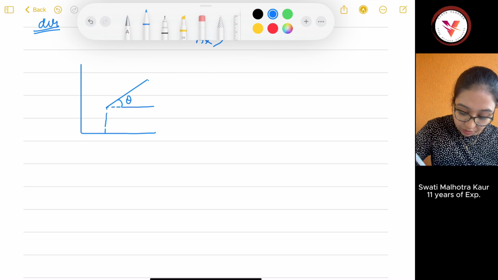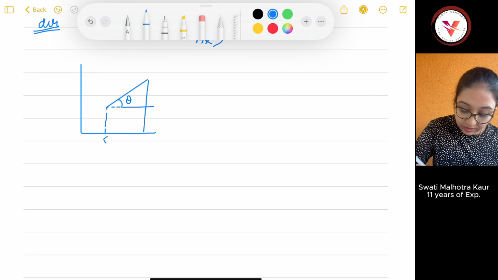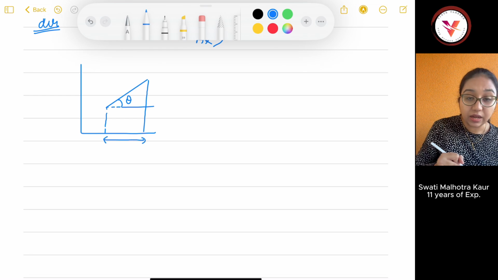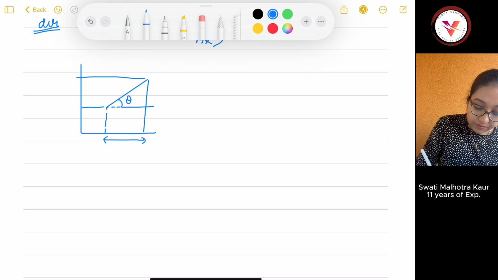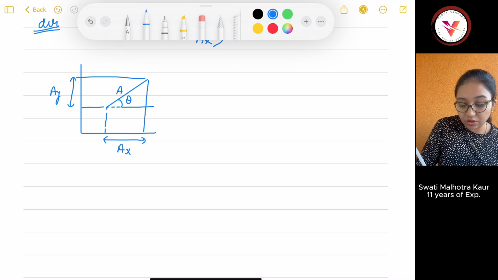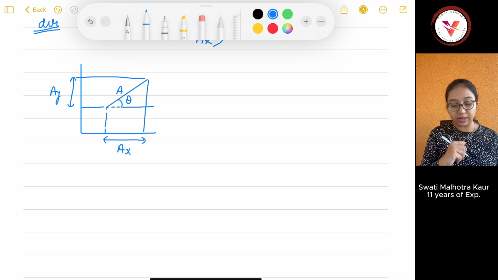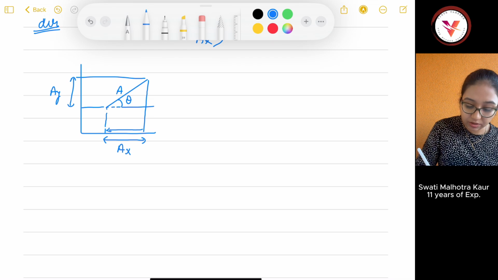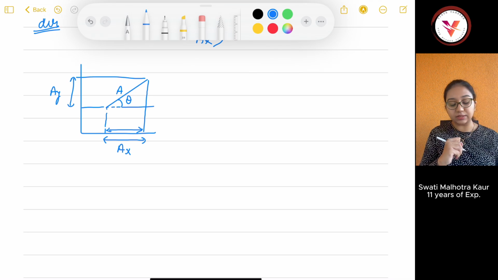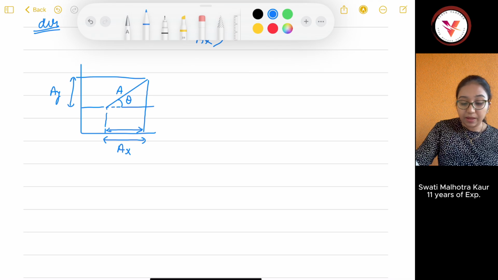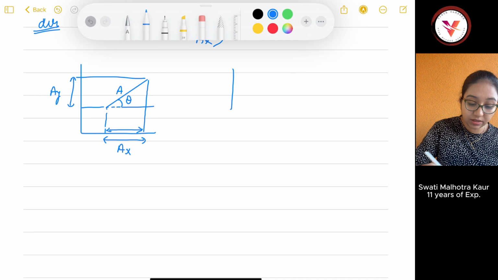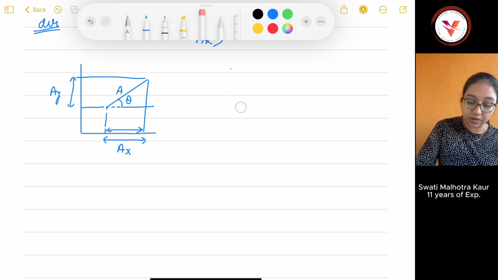And you have to see that this is its x resolution and this is its y resolution. This is AY and this is your AX. Again, AX i cap, AY j cap, whatever distance this is.